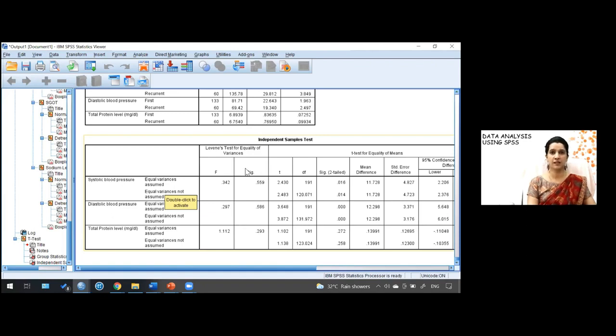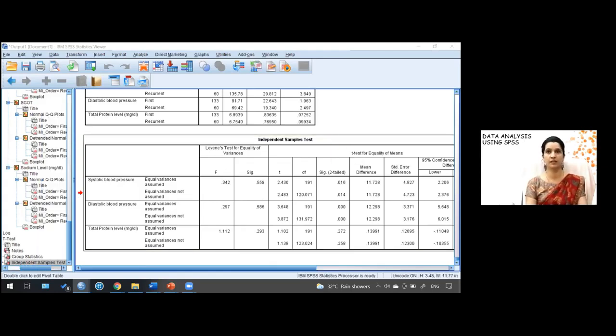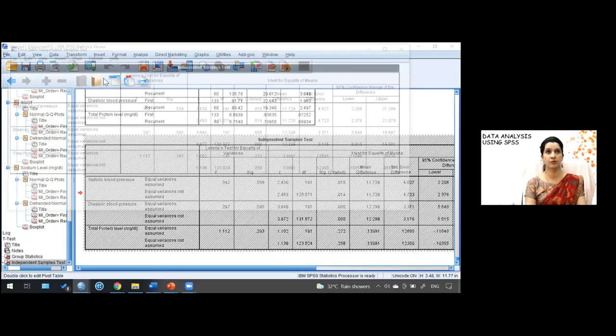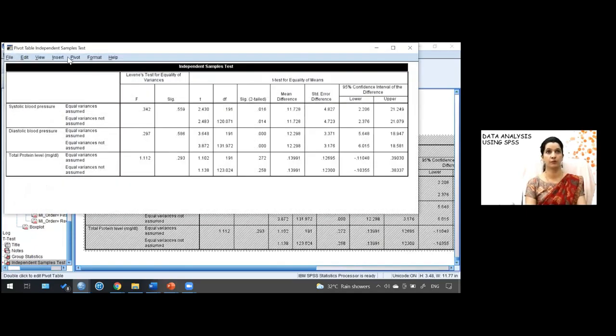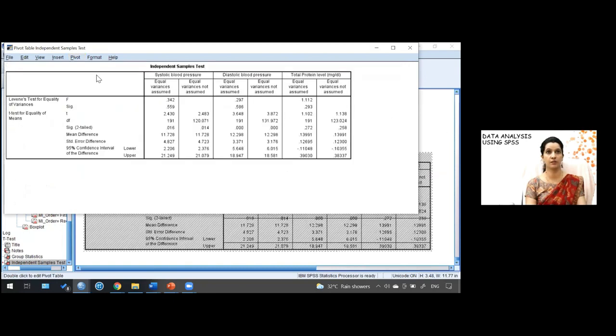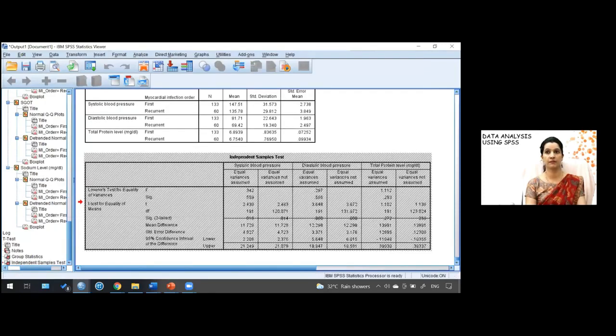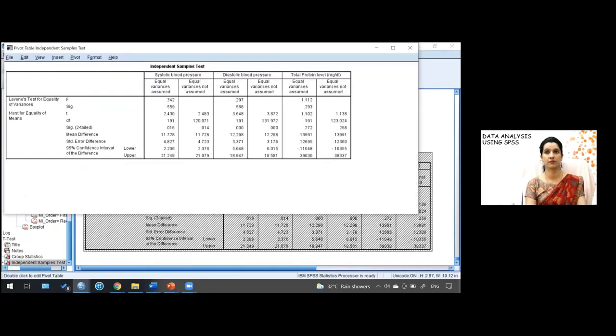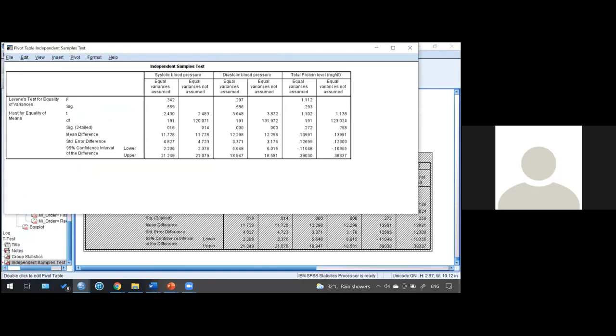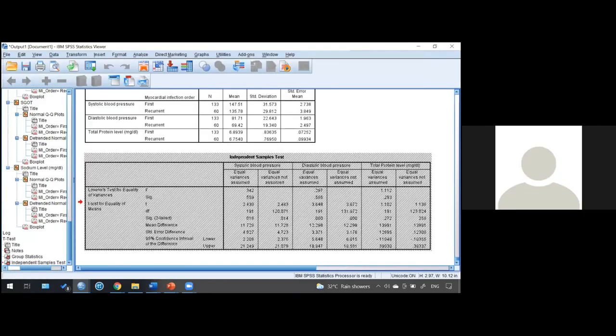Since this is a very horizontally spread table, I would have to drag it like this. So what I'll do is double click this table and transpose the rows and columns. So now the table which I have, it is not disappearing.